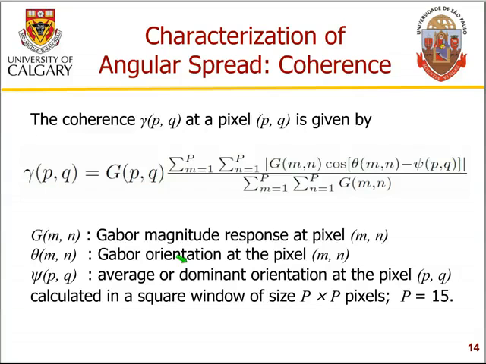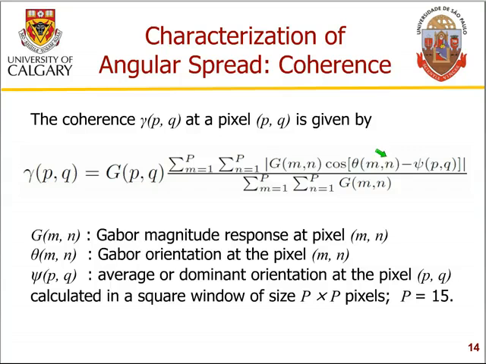So in a neighborhood around each pixel, we check the Gabor magnitude response and the angle and obtain a weighted average. So this angle is the average angle or dominant angle within the small window, and cosine of theta minus psi measures the variation in angle or orientation within a small window.